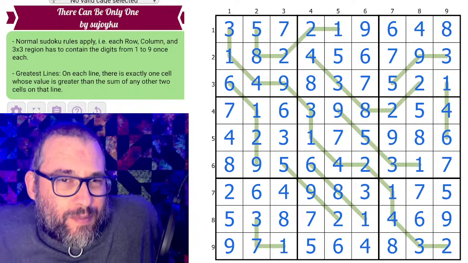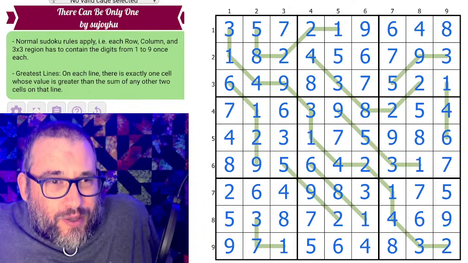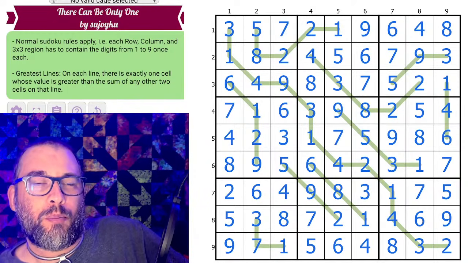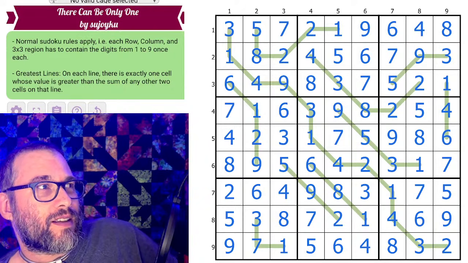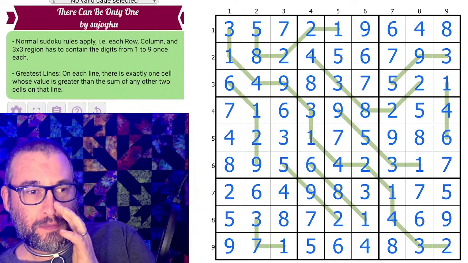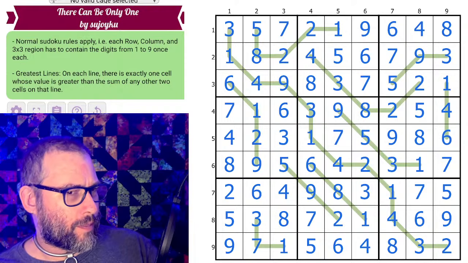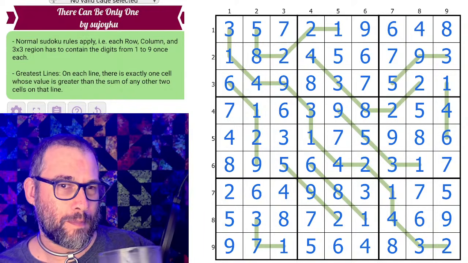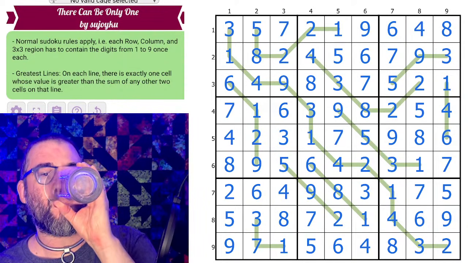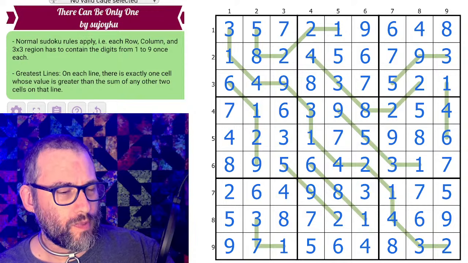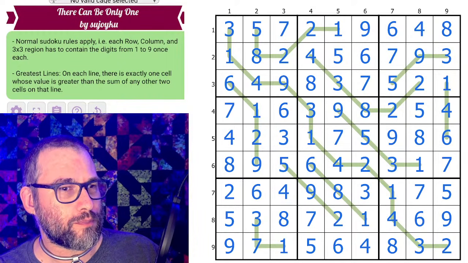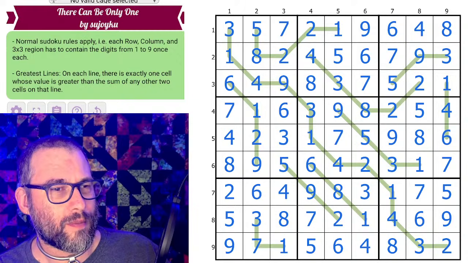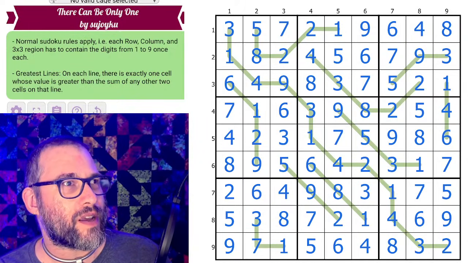Gotta be honest, I'm not sure that constraint is for me, but that was definitely a good puzzle. Yeah, I was aware of that, Nils.